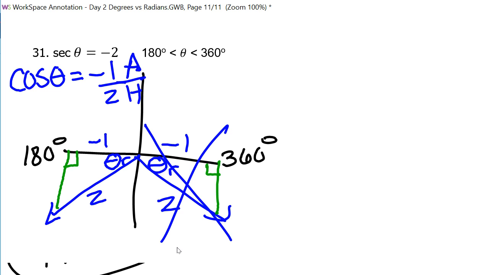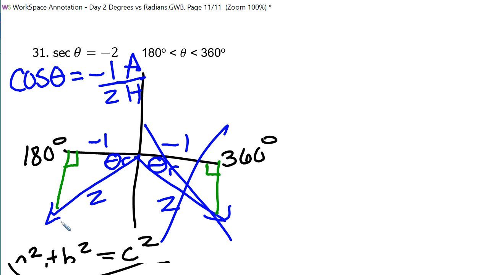We have to do Pythagorean theorem because it's not a Pythagorean triple. So a squared plus b squared equals c squared. So this would be -1 squared plus b squared equals 2 squared. So that would be 1 plus b squared equals 4.